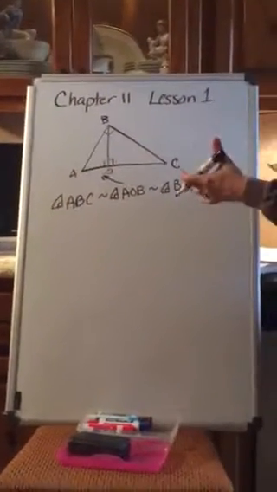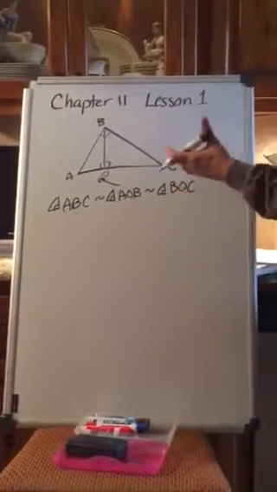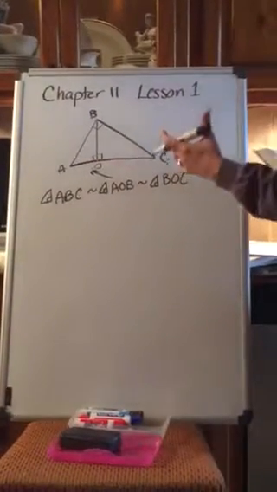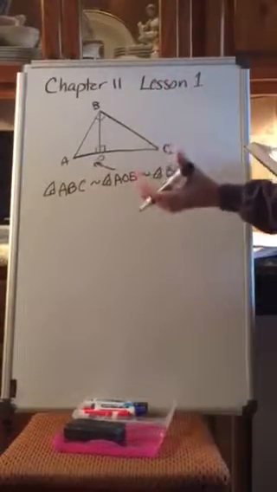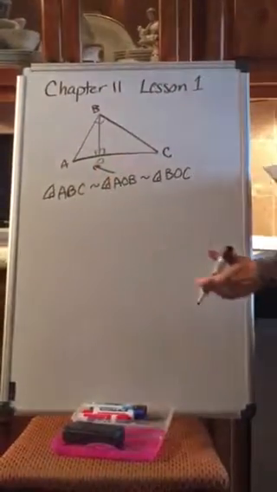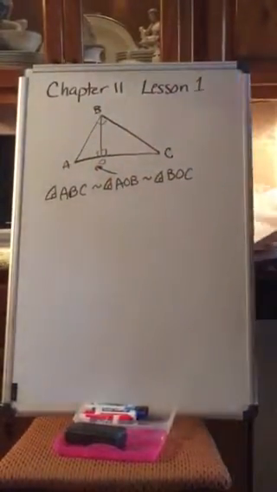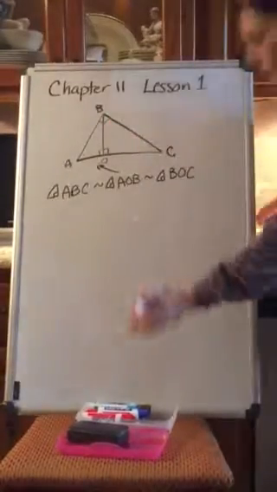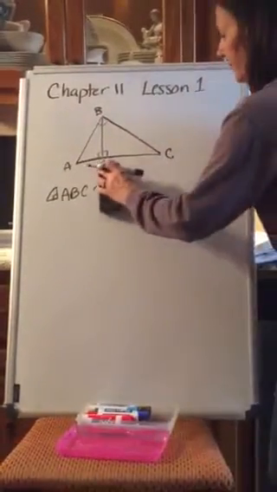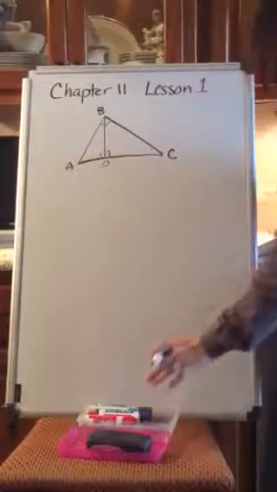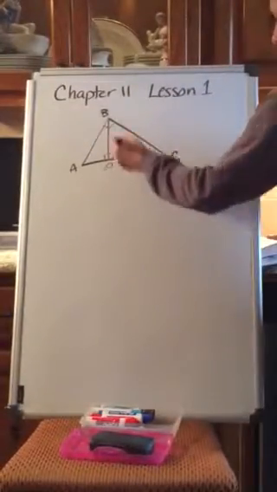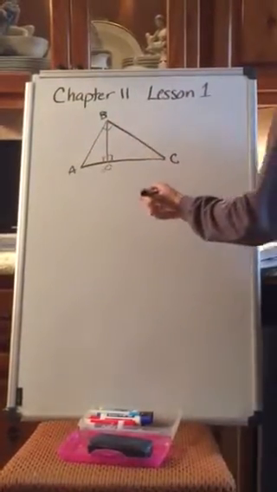And then I can use the sides of these triangles and solve for unknown proportions, as long as I have that altitude. Now if I break this one triangle up into the three, as it does on your page, I'll leave this one as the big one.